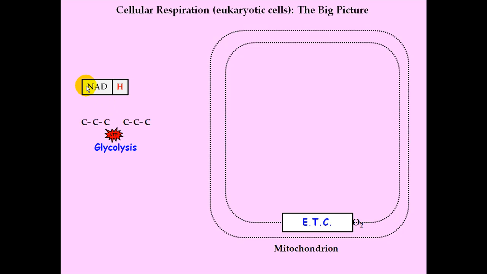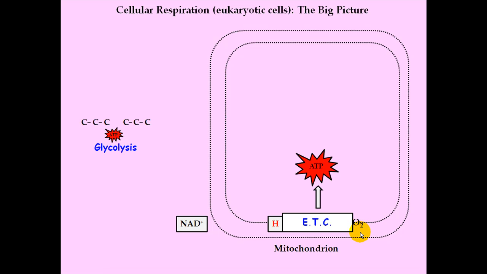So it's this full electron limousine that ends up delivering its electron cargo, which is in that hydrogen atom, to where the electron transport chain is. And whenever the electron in that hydrogen moves through the electron chain towards the oxygen, again, it's that kinetic energy of the moving electron that's used to make ATP.